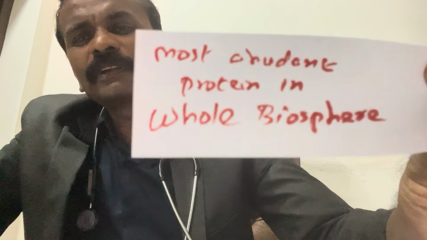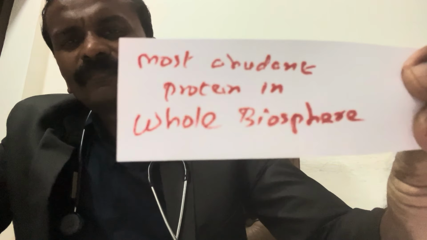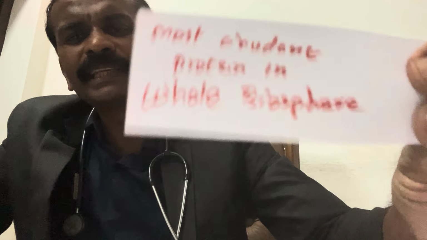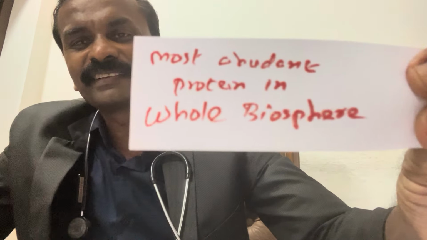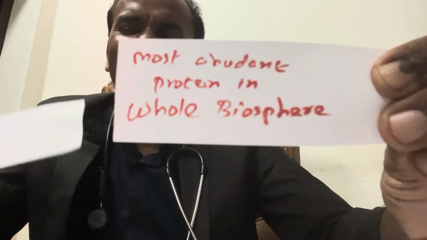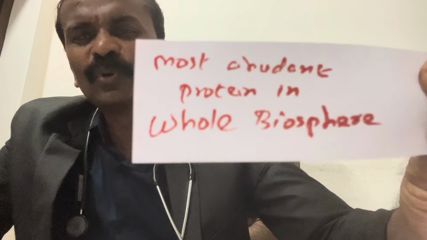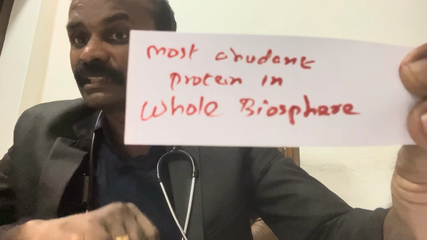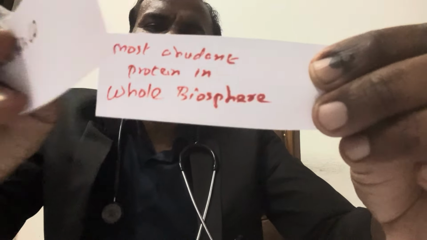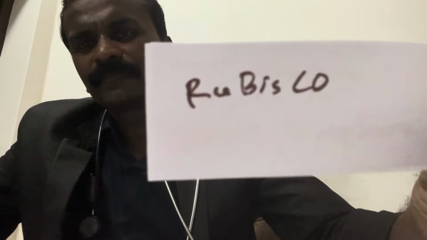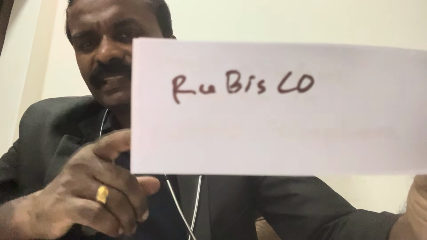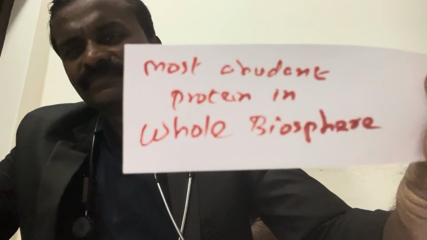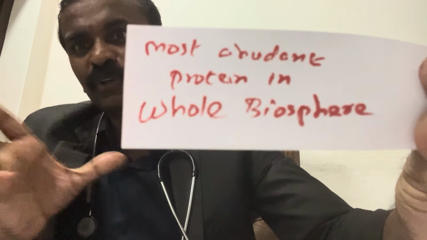This is how we should prepare for NEET. Most abundant protein in whole biosphere. Answer is RUBISCO. Collagen, the question is different. Okay. Read the question very well. Biosphere, whole biosphere.